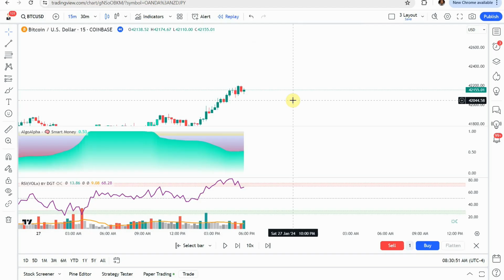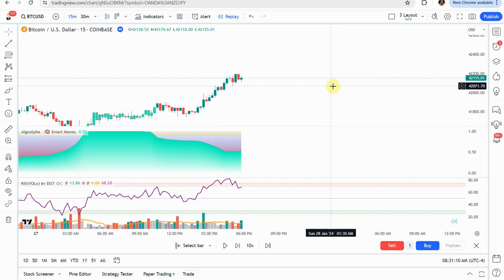Alright, as I said, today we will be testing a 15-minute crypto scalping strategy. The source video says this new indicator shows exact entry and exit of institutional traders, banks, and funds. Of course we're going to put that to the test and see what we can get out of this claim.